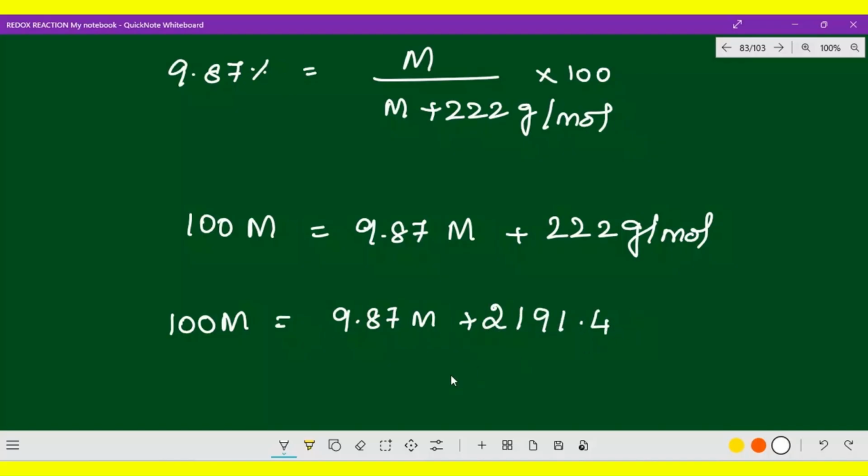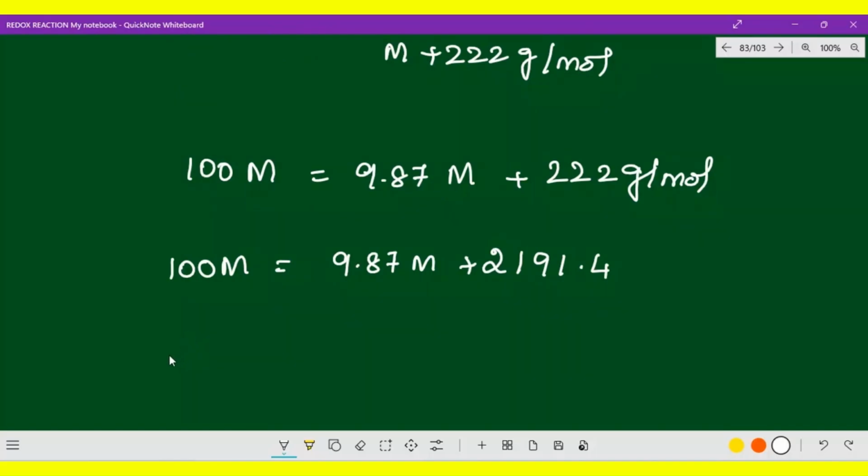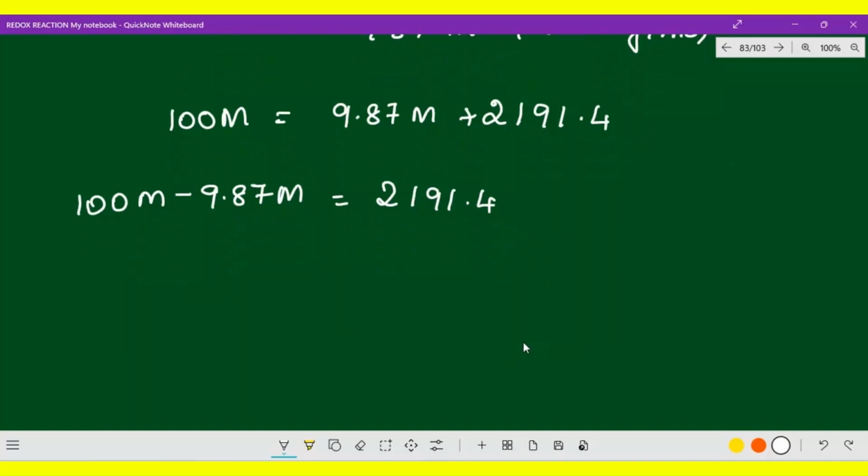2191.4. Now here you just bring M to one side. So 100 M minus 9.87 M is equal to 2191.4. So M equals 2191.4 divided by 90.13, sorry, 90.13.